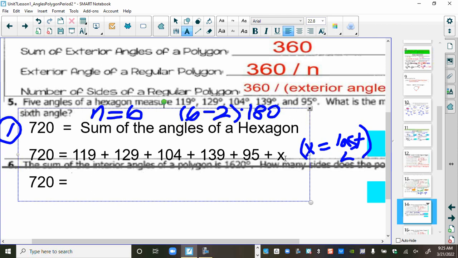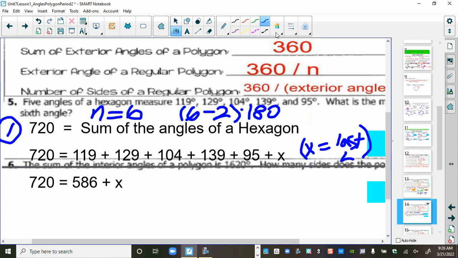Somebody get a number. Yup. 586 plus x. So now what's the last step to get the x by itself? That's all you do. This is algebra 1.